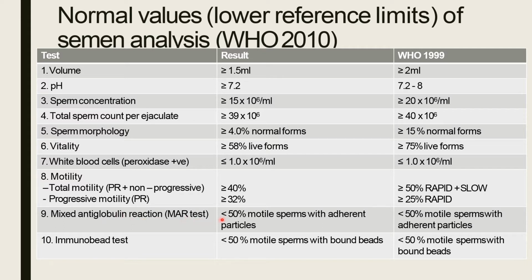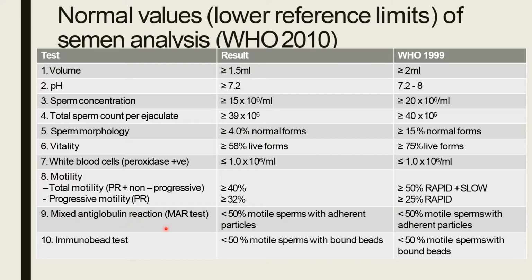Now the criteria is similar to the criteria of 1999. They should be bound to less than 50% of sperm. If they are less than that, then the person would be considered fertile or normal.